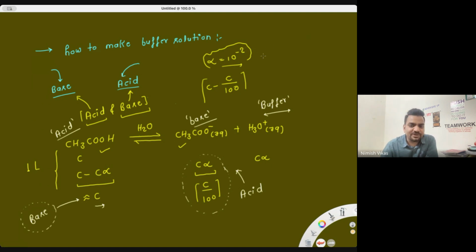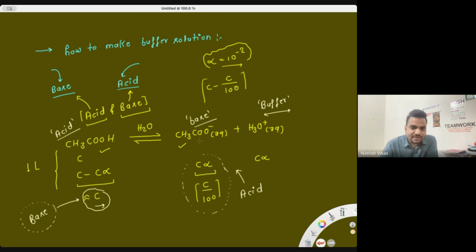When you remove the percentage, you divide by 100. So C alpha is how much? C alpha will be C by 100 if alpha is 10 to the power minus 2. So C minus C alpha will be C minus C by 100. That means acetic acid will remain almost C. We are subtracting C by 100 from C. So what will we get? We will get almost C, right? We are subtracting 1 upon 100 part from this one. And acetate ion generated is C by 100.